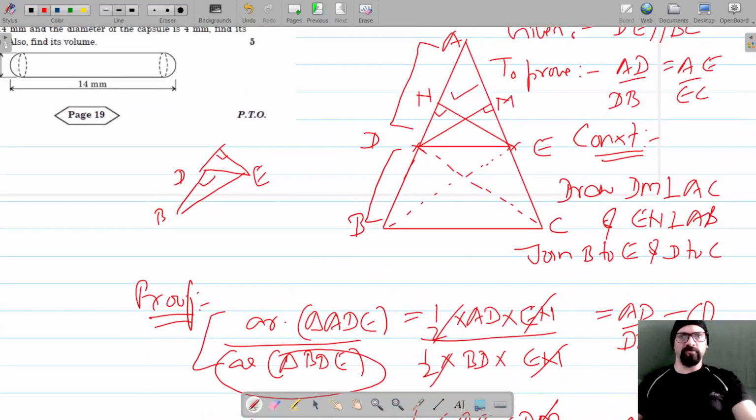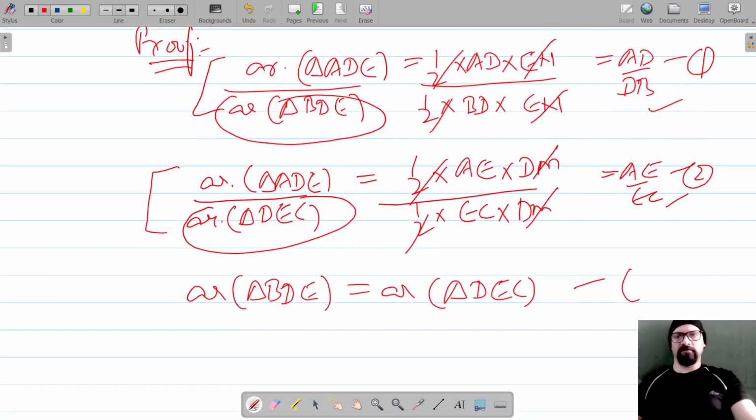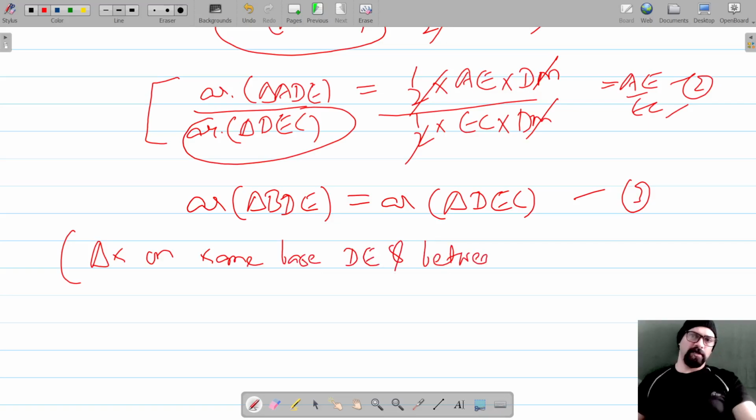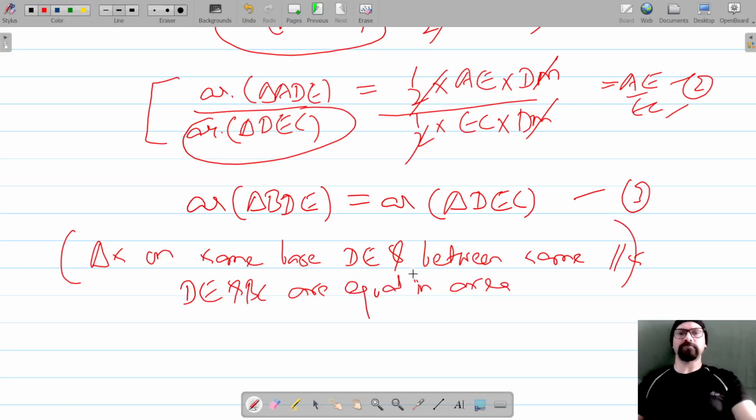So the area of these two triangles, DBE and DEC, are equal because they are on the same base DE, and between the same parallels DE and BC. So this is our result 3, and the reason we can write is that these are triangles on the same base DE and between the same parallels DE and BC, and these are equal in area.